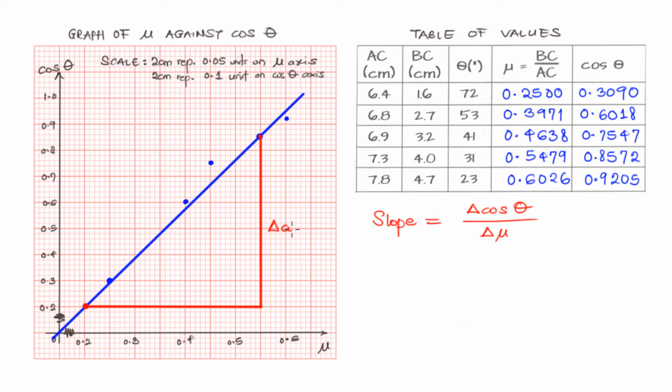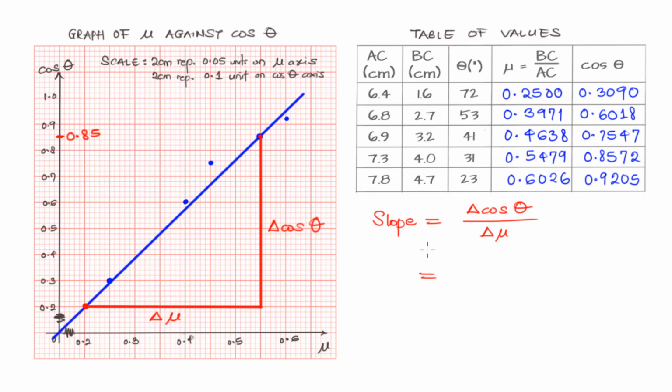Now this will be change in cos theta and this will be change in mu. If I trace to the component on the vertical axis, I can see that the point at the uppermost part corresponds to 0.85, and the one at the lower side is 0.2. So I can get my change in cos theta already. That will be 0.85 minus 0.2.